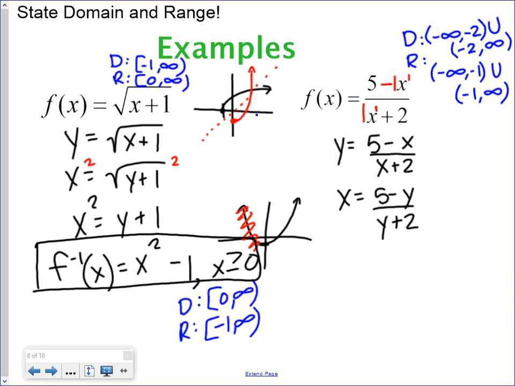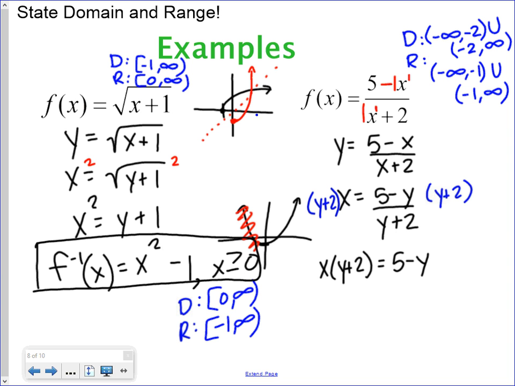Multiply both sides by y plus 2. Yeah, let's get rid of this fraction thing, right? So we're going to multiply both sides by a y plus 2. So I have x times y plus 2 equals 5 minus y. Okay.